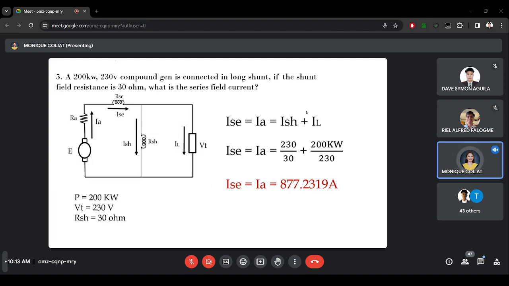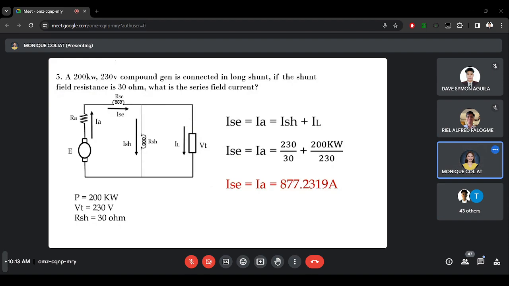A 200 kilowatts, 230 volts compound generator is connected in long shunt. If the shunt field resistance is 30 ohms, what is the series field current? Okay, so first is alamin, you have to know what type of generator is in the problem and also what are the given parameters.